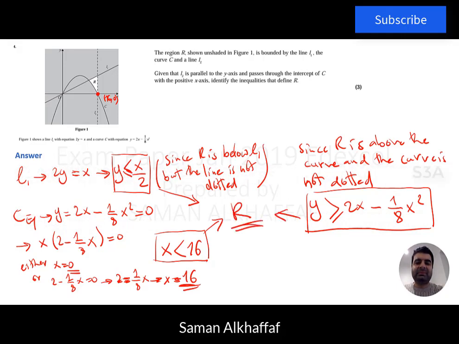These are the three inequalities that we would have for the unshaded area R. And this will be our answer for this question.